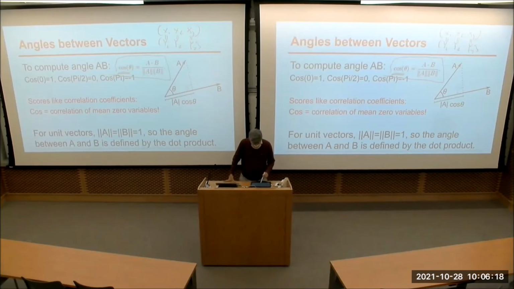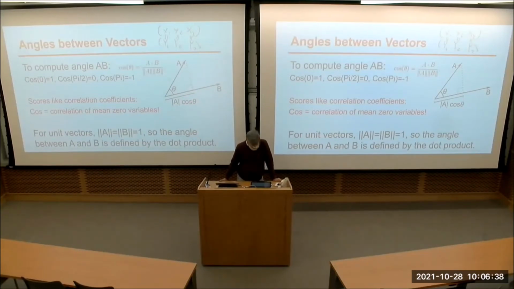And what's interesting about it, what is the range of values that the cosine can take on? You remember cosine? -1 to 1. And what else have we done in here that is minus 1 to 1? Correlation coefficients.